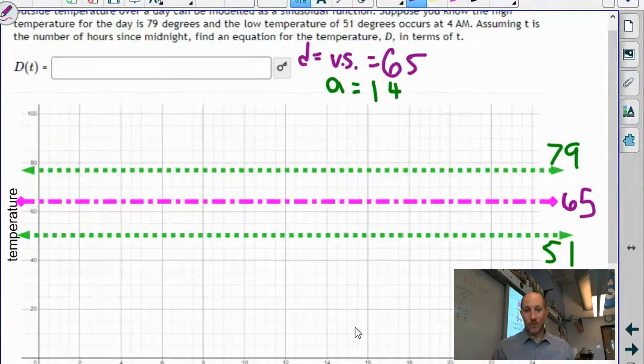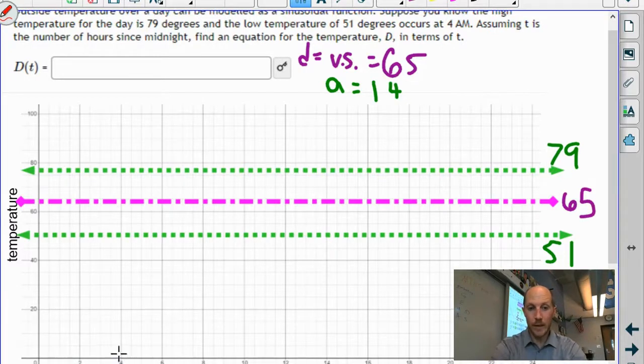So let's start plotting some points so that we can more easily visualize what is going on here. The low temperature occurs at 4 a.m. So my graph started at 0 hours, and this is hours after midnight. Military time would pretty much mean the same thing as the way my graph is labeled. Midnight is going to be hour 0, and then 1, 2, 3, 4.